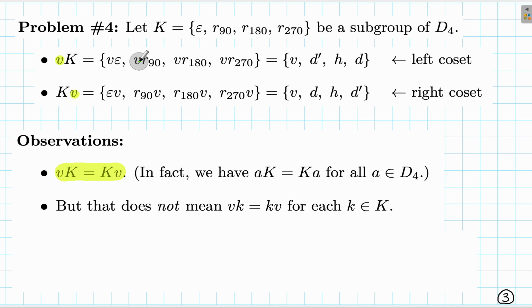For example, V times R90 is equal to D prime, but that doesn't equal R90 times V, because R90 times V is just D. Instead, V times R90, which is D prime, and here's D prime in the right coset, so that's equal to R270 times V. And so once again, set equality does not necessarily imply element by element equality.